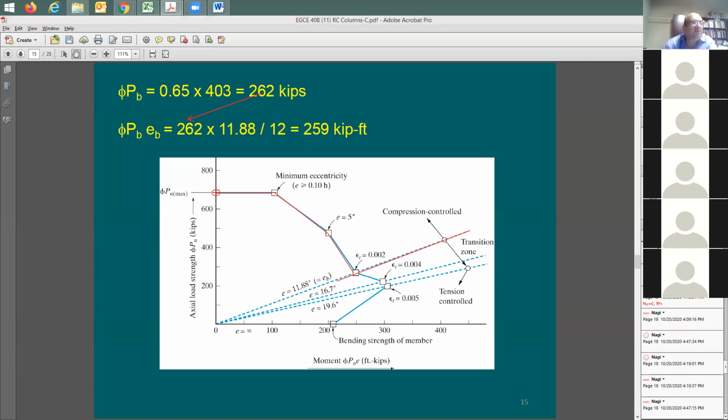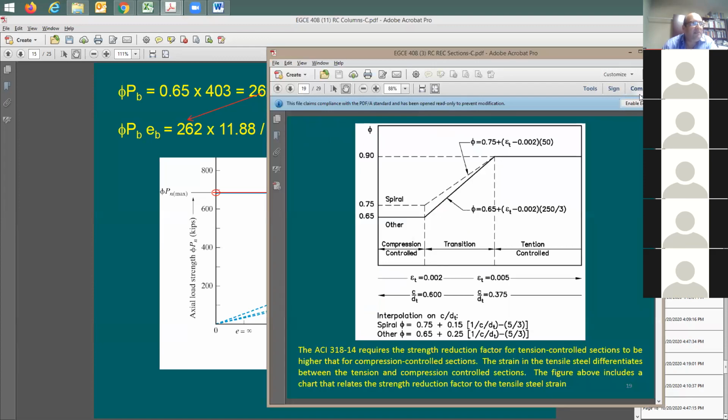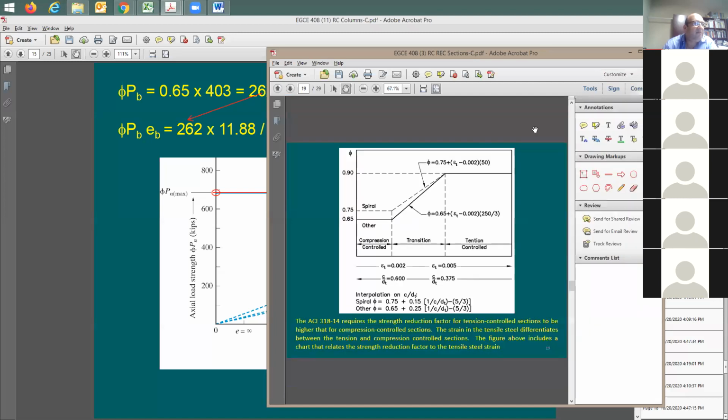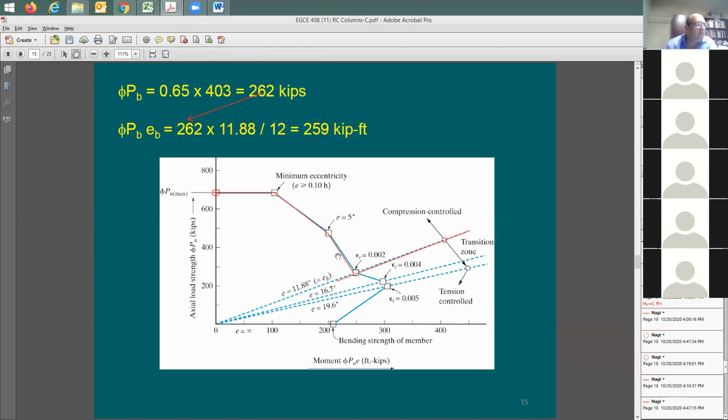If the strain in the tension steel is less than 0.02, anyone can tell me, you're going to be at compression control. Once you go beyond the compression control, there's going to be transition. Once you get to 0.05 in the tension steel, it's going to be what? Tension controlled. So the strain here is going to be 0.02.